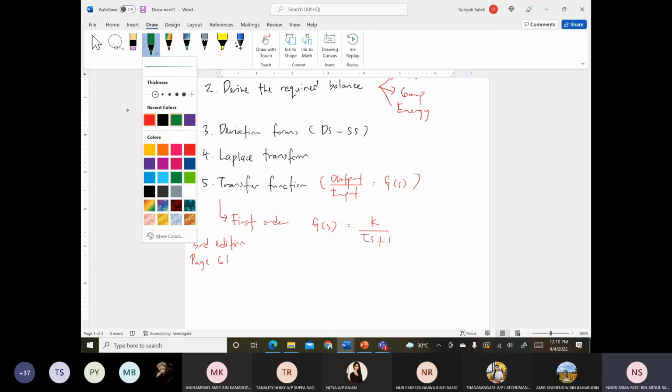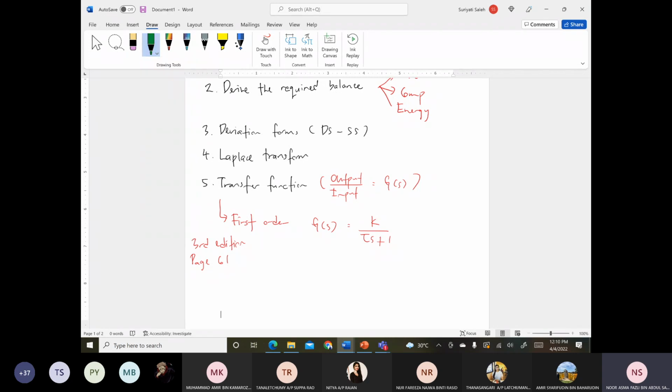You can find there are two parameters. The first one is K, which is called the process gain. And the tau here is the time constant.